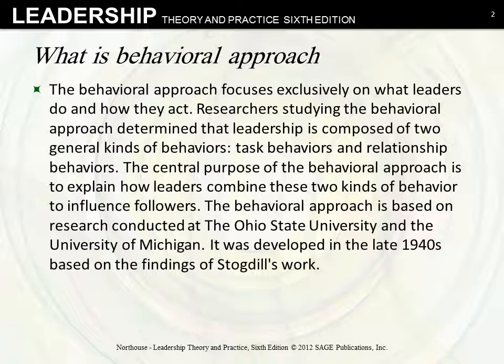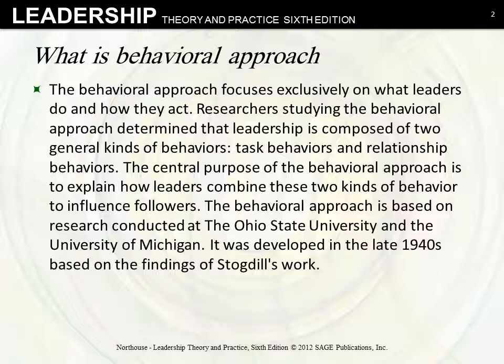Here, researchers and scientists divided the behavior approach into two general kinds of behaviors. First is task behavior, and the second one is relationship behavior. The main purpose of the behavior approach is to show how leaders combine these two kinds of behavior to influence the followers.